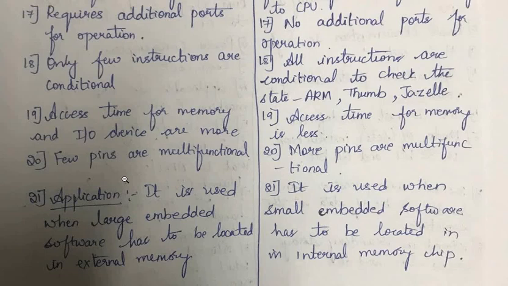In such cases we'll go with the microprocessor. The microcontroller is used when small embedded software has to be located in the internal memory chip. That is, if you require a very minimal kind of software, then we'll go with the microcontroller.